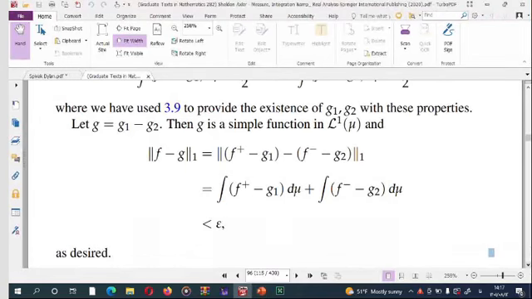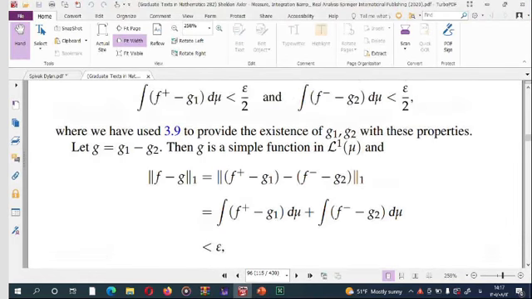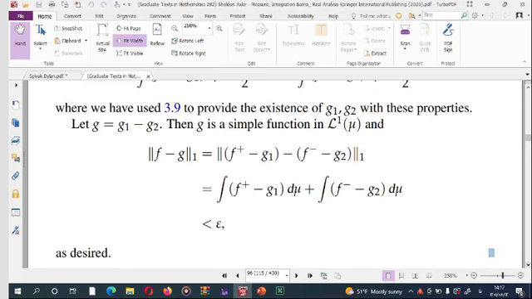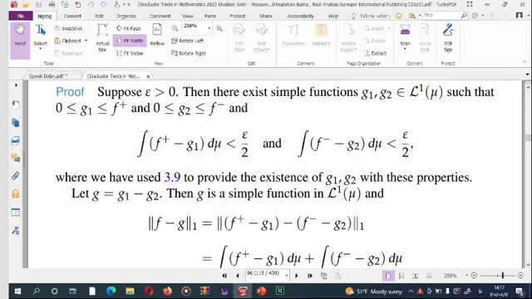All of this is less than epsilon divided by 2, so that this summation is less than epsilon. So this proposition is proved.